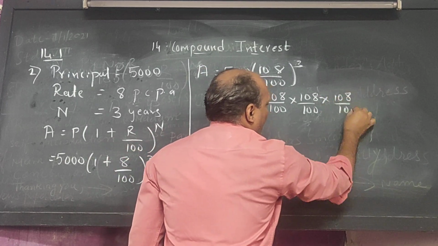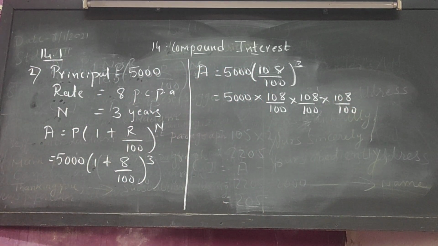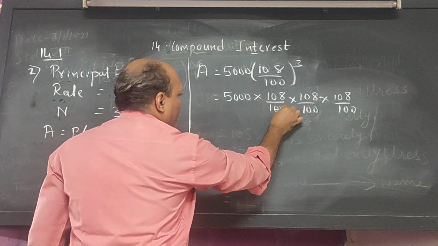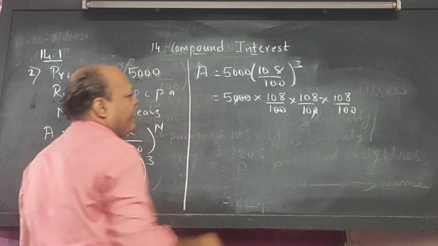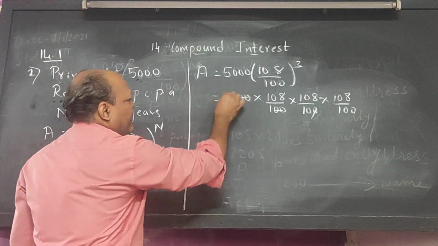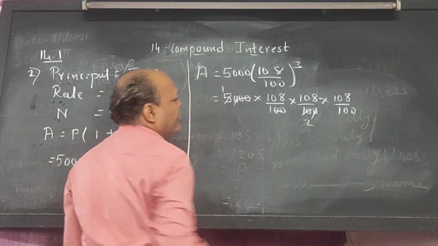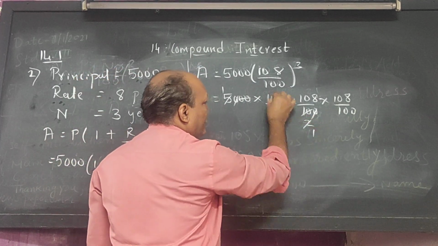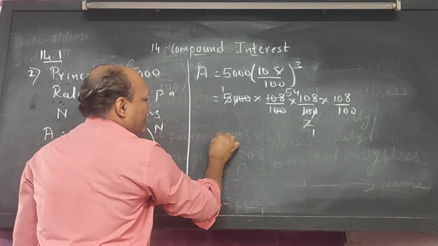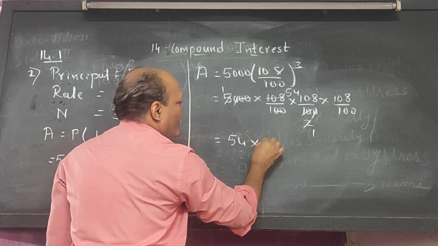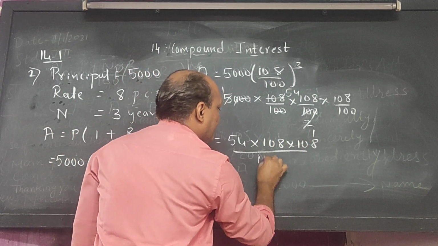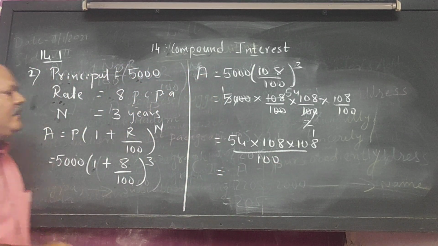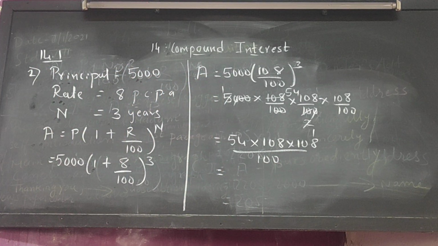Now you have to go for cancellation. 2 zeros get cancelled, again 1 zero gets cancelled. 5 1 5, 2 2 1, 54. That means 54 into 108 into 108. Now don't cancel this 100, because two zeros are there. Easily you can find the answer and you can put the point after two decimals.